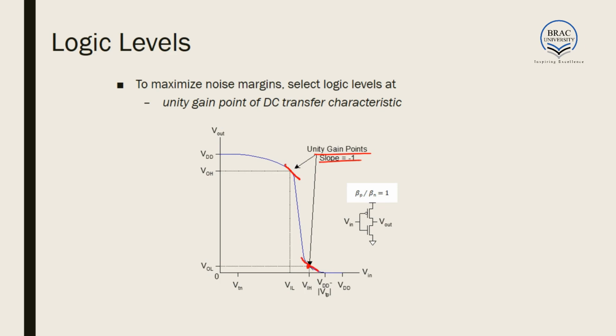The points where we get unity gain, we consider this as the high noise level of the output and this as the low noise level of the output. If we take these two points as the high and low noise levels, we will get maximum noise margin. With this noise margin, the circuit will perform as required, and it will tolerate the maximum level of noise at the input.